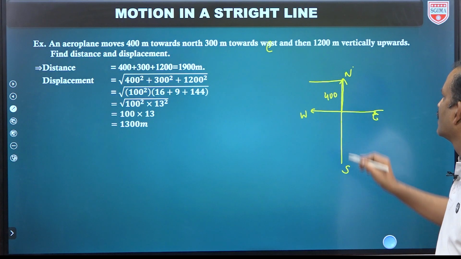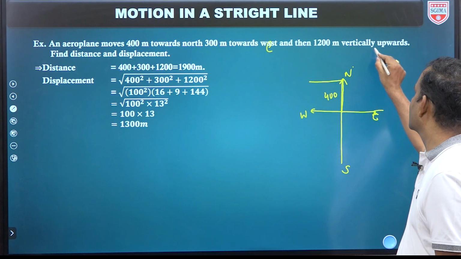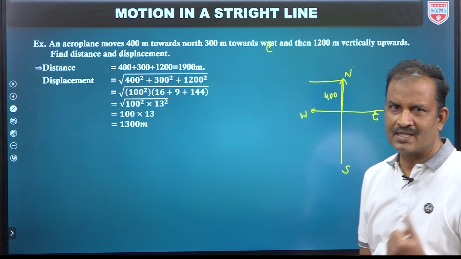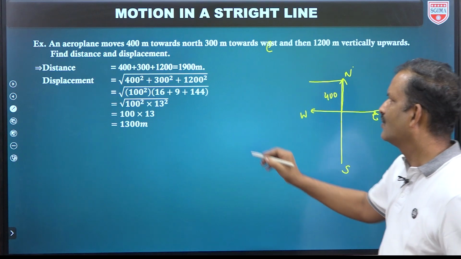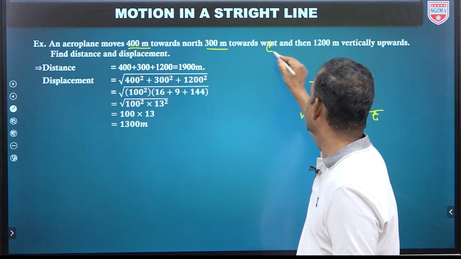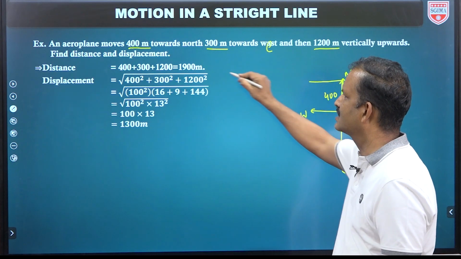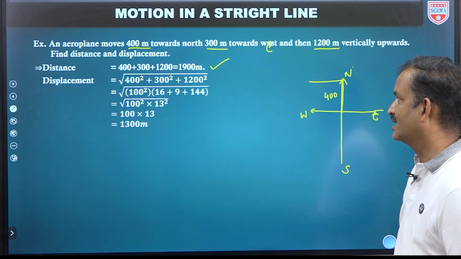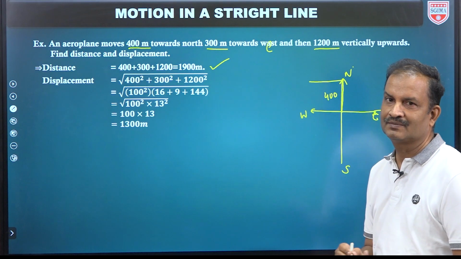And then 1200 meters vertically upwards. Distance we can easily calculate. Just an ordinary sum: 400 meters plus 300 meters plus 1200 meters, you will get the distance. But displacement is vector addition.